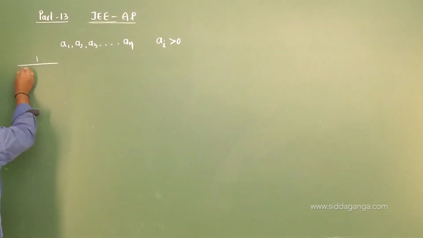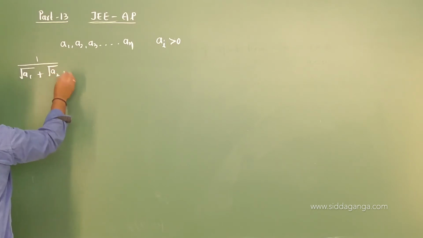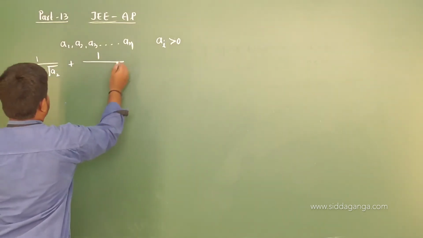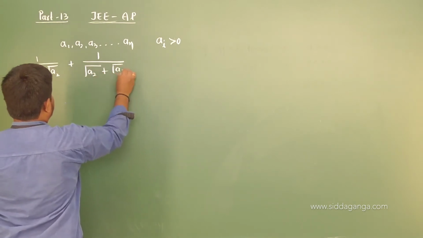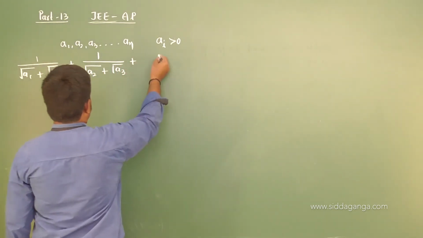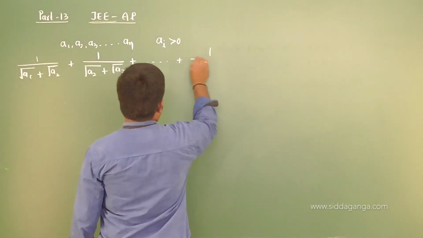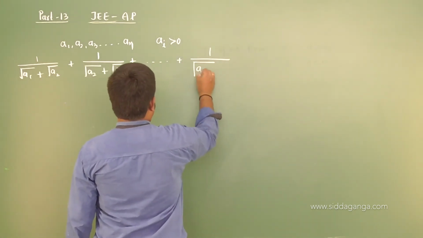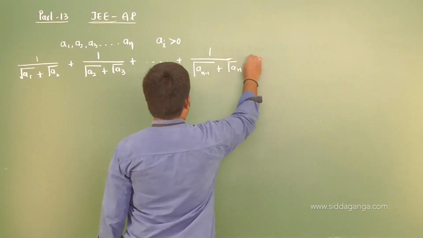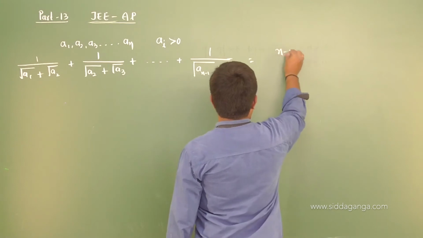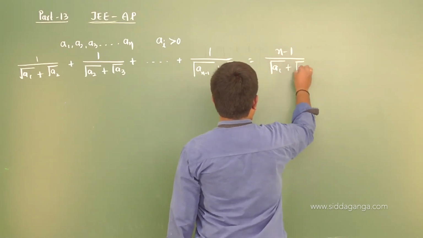1 by root of a1 plus root of a2, plus 1 by root of a2 plus root of a3, plus 1 by root of a3 plus root of a4, and so on, up to 1 by root of a(n-1) plus root of an, will be equal to n minus 1 by root of a1 plus root of an.